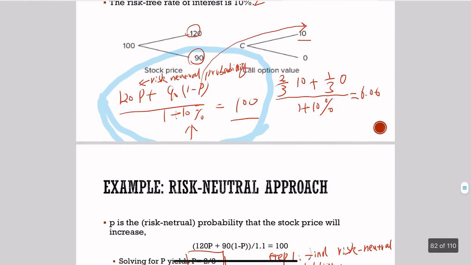Well, you've already got this risk neutral probability. So you would know that with this probability, what is the call payoff? With this probability, what is this call payoff? So you would again discount this expected payoff with the risk-free rate. So this gives you the correct call option price.